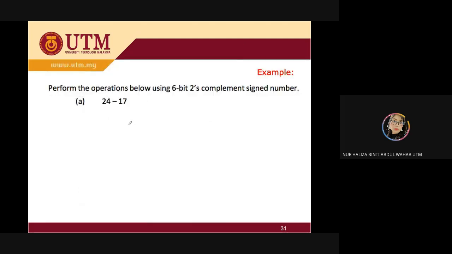Okay, perform the operation below using 6 bits complement. Second complement for 6 bits. Okay, you have 24. 16. How much? 24 convert to binary. 16 plus 8. Just one.